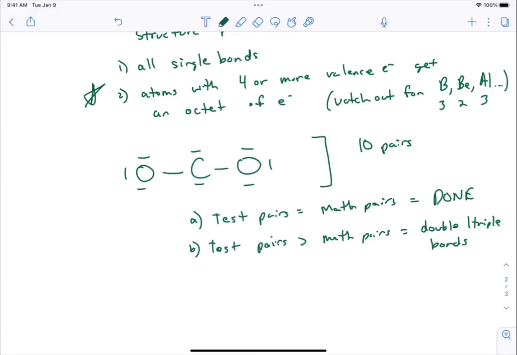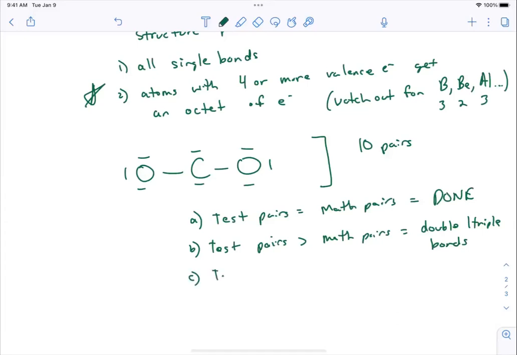So your test structure is the simplest structure, giving everyone their own pair of electrons. But if you don't have enough electrons to afford everyone their own pair, they have to start sharing more. So that's how you know. So if your test structure is more than your math, you have to start sharing more electrons than you started with. So you have to add more and more bonds to this.